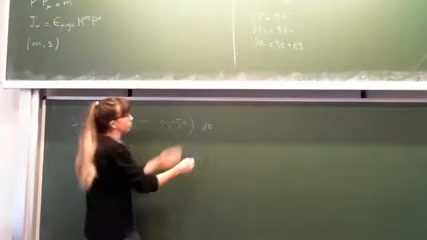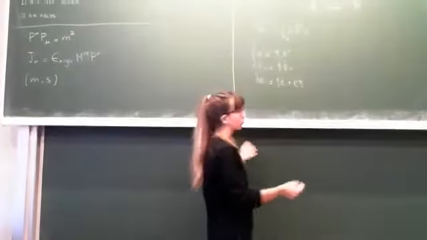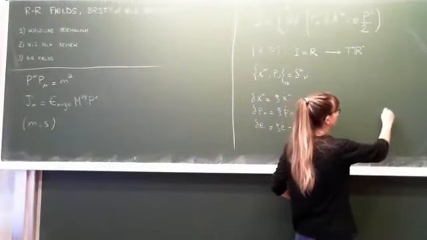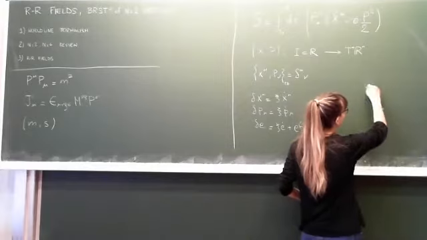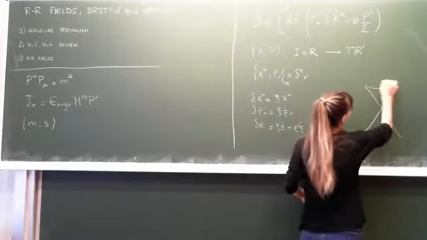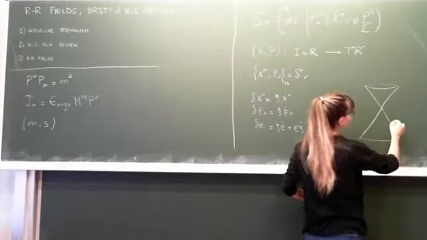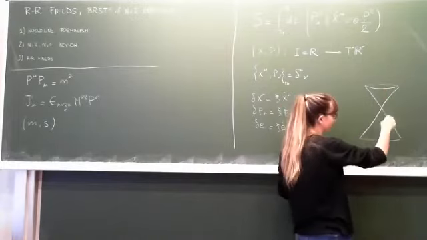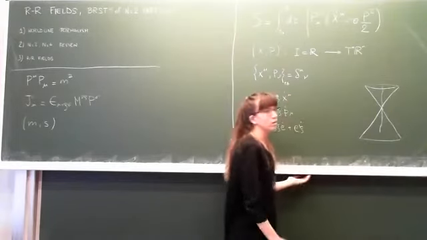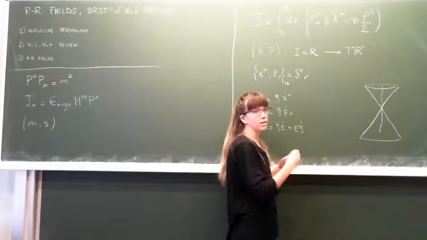So this worldline represents, it's not the trajectory of a particle, but if you consider the light cone, then your particle standing still in space-time will describe such a trajectory inside the light cone.